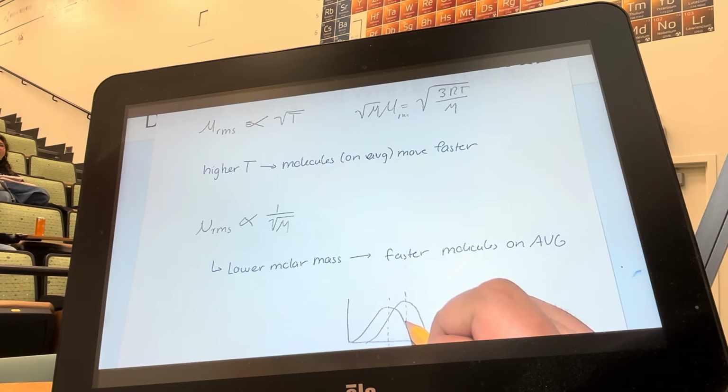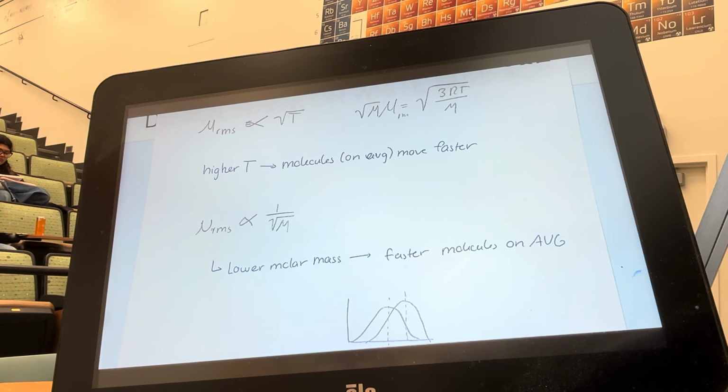So now, on average, your gases are moving faster at higher temperatures. Does that make sense? This is just a nice visual representation, and it has a name, the Maxwell-Boltzmann distribution, which tells us that as things go faster, on average, molecules go faster.